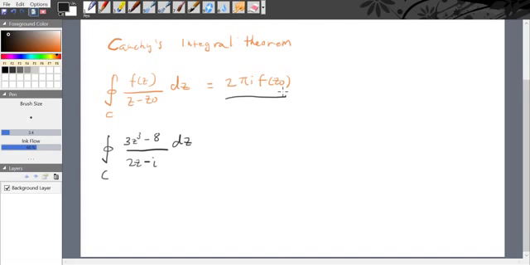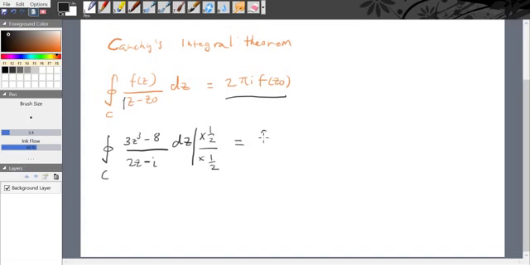What we're going to do is first match these two forms. We see that the coefficient of z in the formula is equal to 1, and in the problem the coefficient of z is equal to 2, so the coefficients don't match. So we're going to multiply the numerator and the denominator by a half, simply to get rid of that 2.